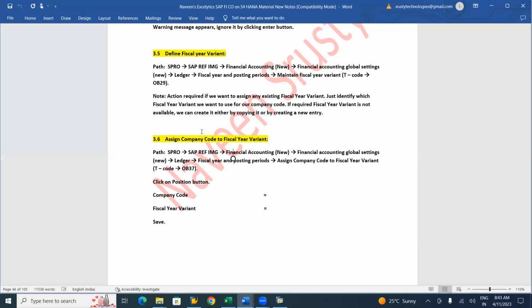If we define any fiscal year as year dependent, the periods and end dates have to be maintained manually every year.